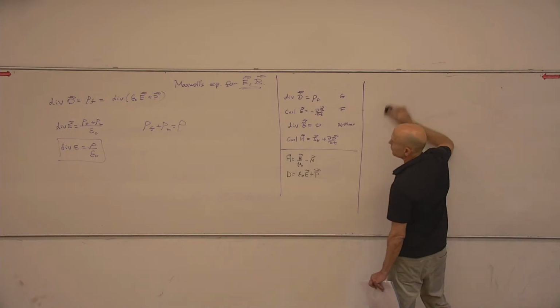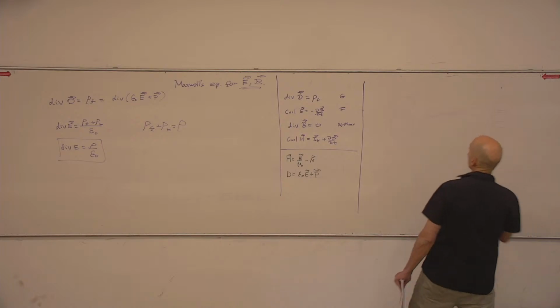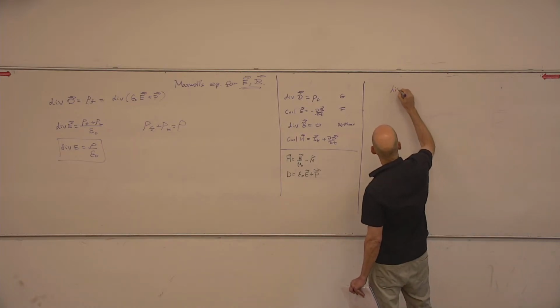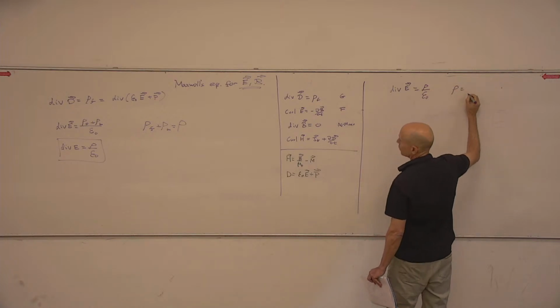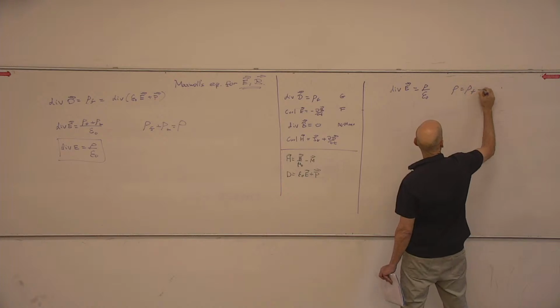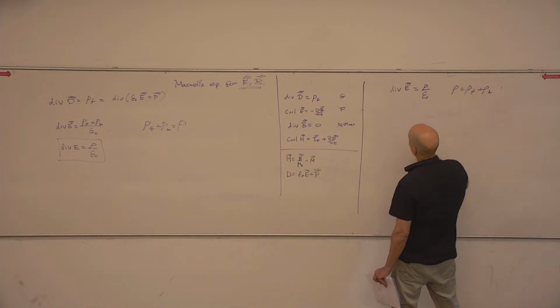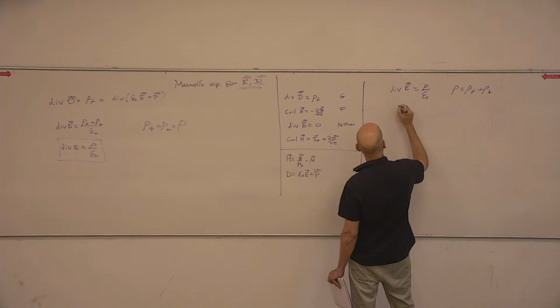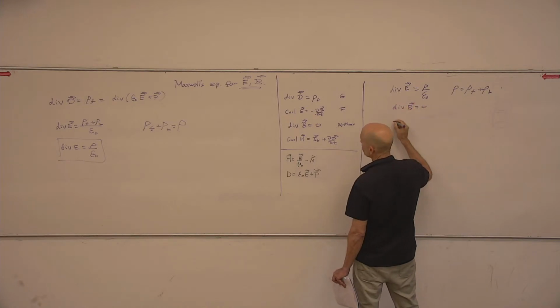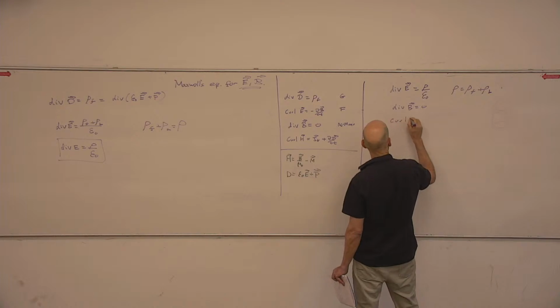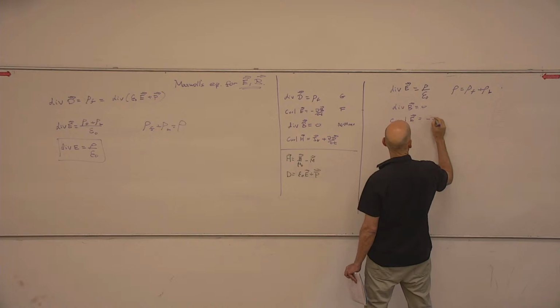Maxwell's equations for E and B: div E equals rho over epsilon 0, where rho equals rho free plus rho B, and div B equals 0, not a problem. We have curl E equals minus dB/dt, that's again Faraday.